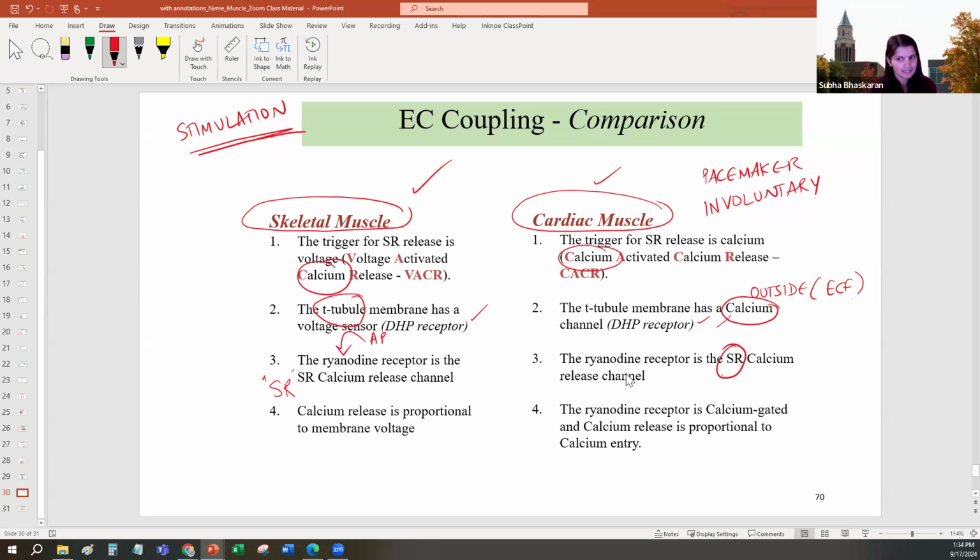In cardiac muscle, the calcium is actually telling the ryanodine receptor, hey, get me more calcium. So calcium is talking to the ryanodine, so it's calcium activated calcium release. How beautiful is that? Right, calcium activated. But here it is voltage activated calcium release. The action potential is telling ryanodine to release. Got it?